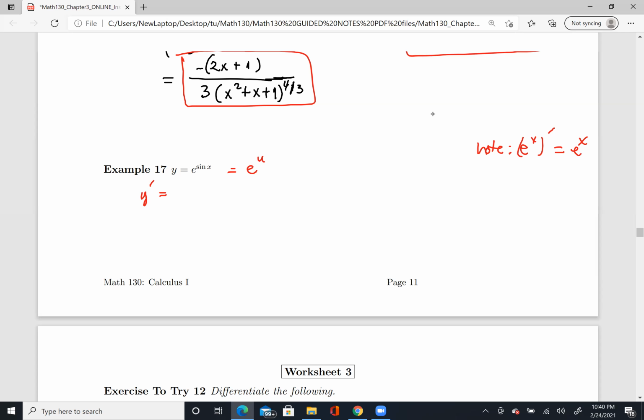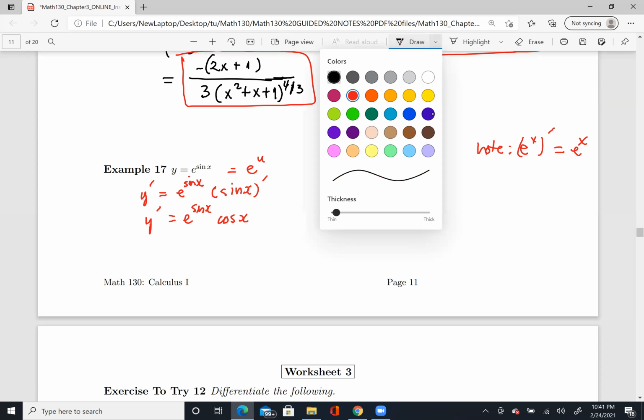So if you take the derivative, you will still have e to the sine of x itself, but you have to multiply it by the derivative of the function in the exponent. That's the reason we use the chain rule. So y derivative equals e to the sine of x multiplied by cosine of x, which is the answer of this problem.